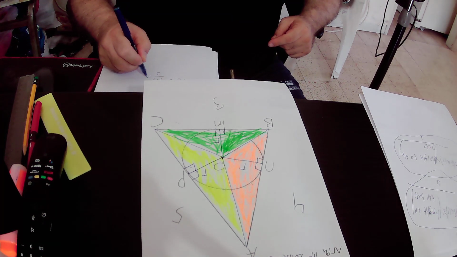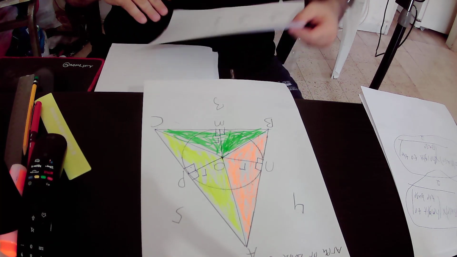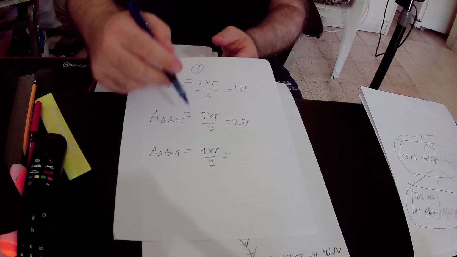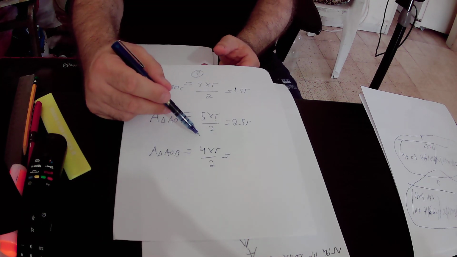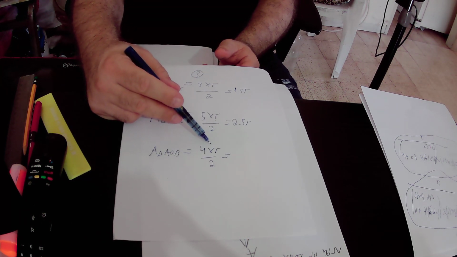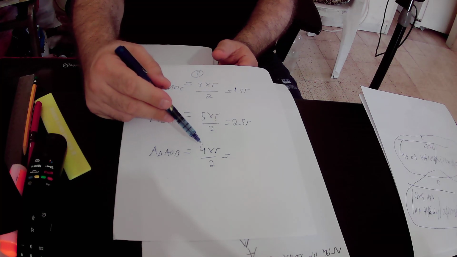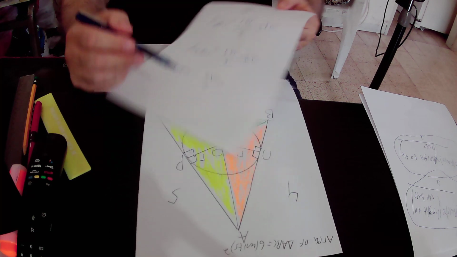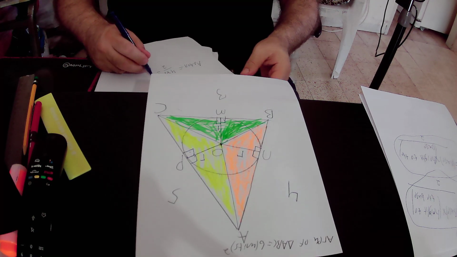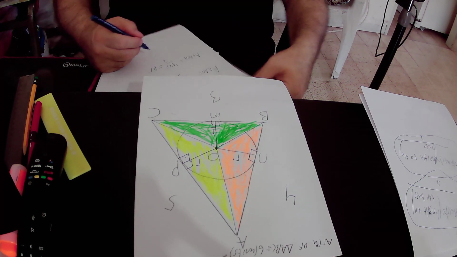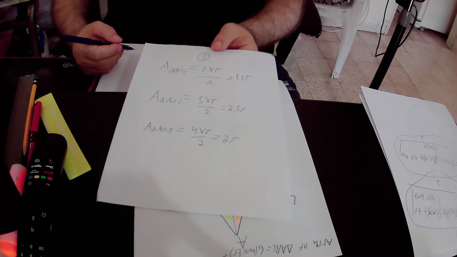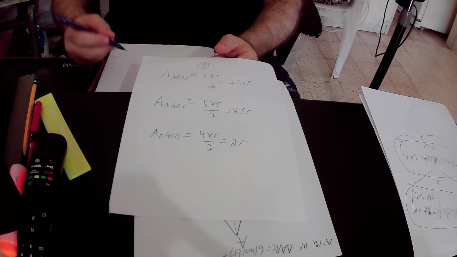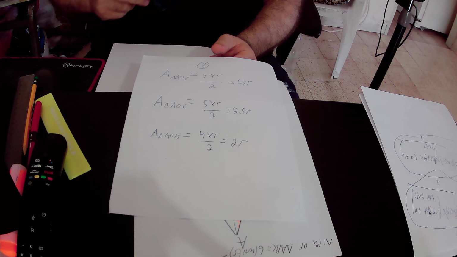So the area of the orange triangle is actually the base of the triangle, that is 4 units, times the height, that is the radius of the circle, divided by 2. 4 over 2 equals 2, so I'll write it down. So the area of the orange triangle equals 2 times the radius of the circle.